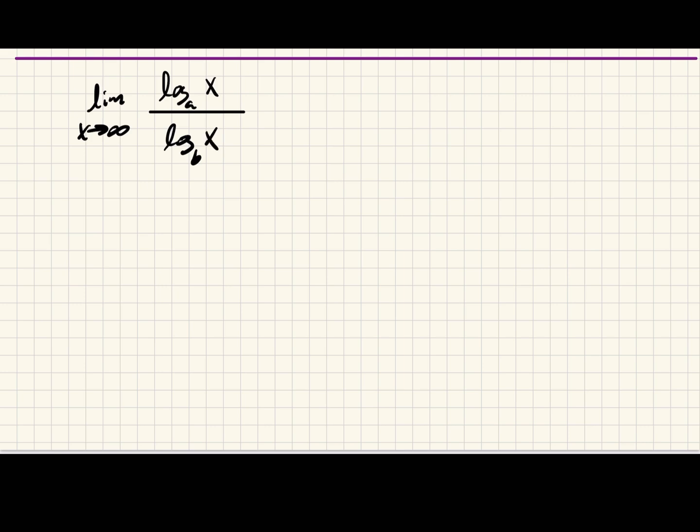And let's say that a and b are both greater than 1. They have to be, don't they? Because in order to take a log, your base has to be something bigger than 1. It has to be positive. So a and b are bigger than 1.